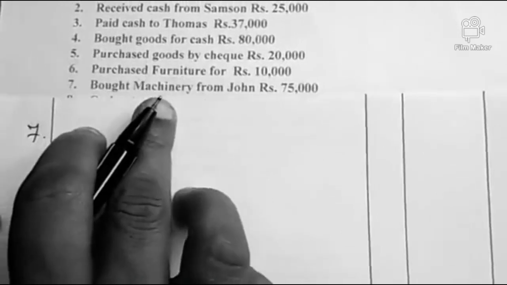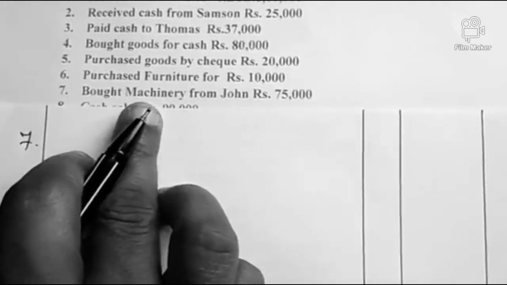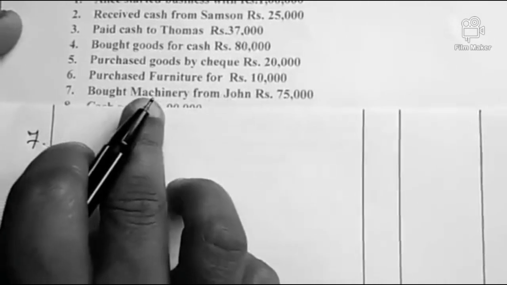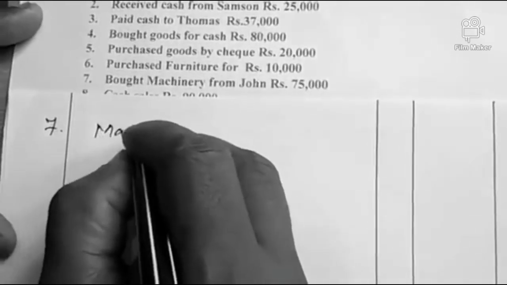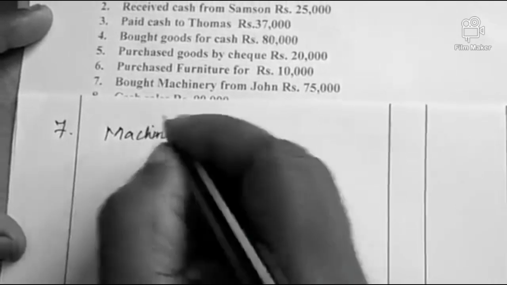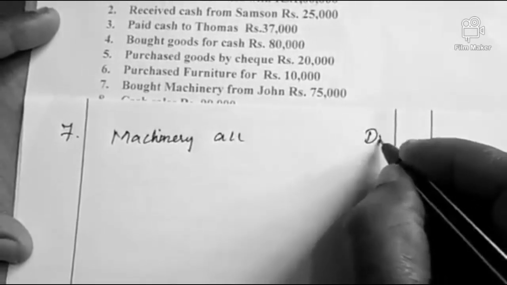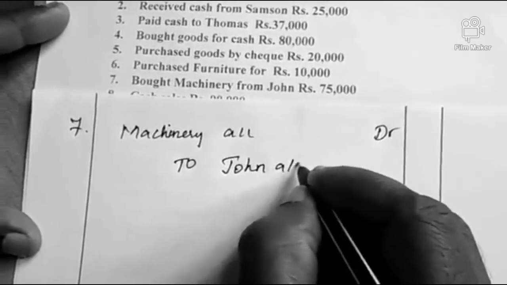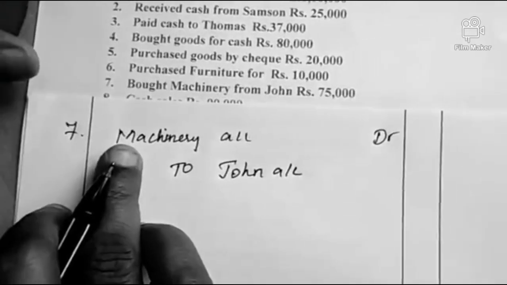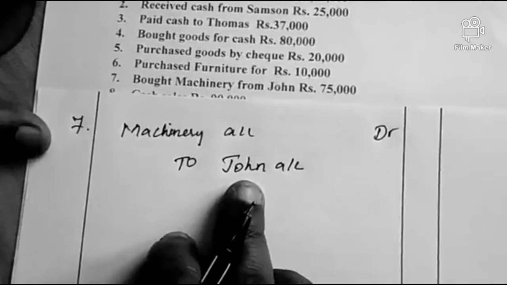So instead of cash you have to write the name of the person from whom you have purchased the machinery. What is the entry for this transaction? Machinery account debit to John account, because when you purchase machinery, machinery comes in. Machinery is a real account, John is a personal account.